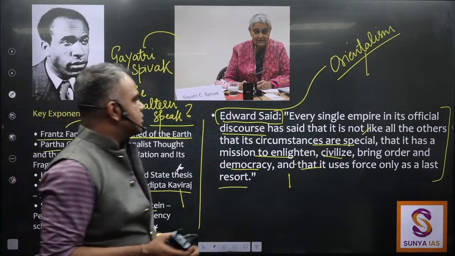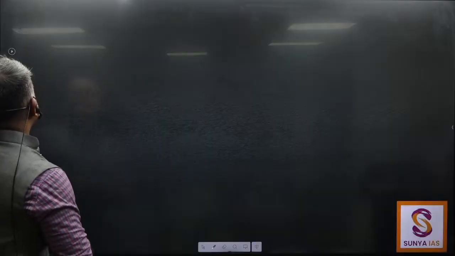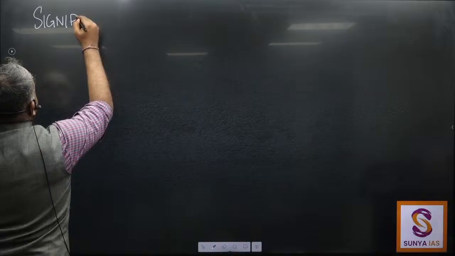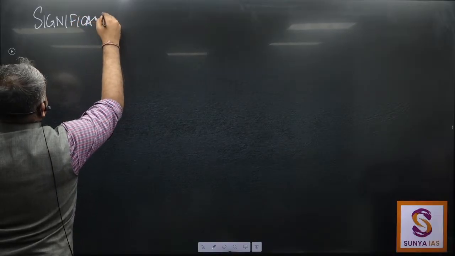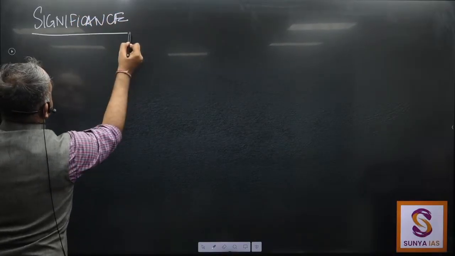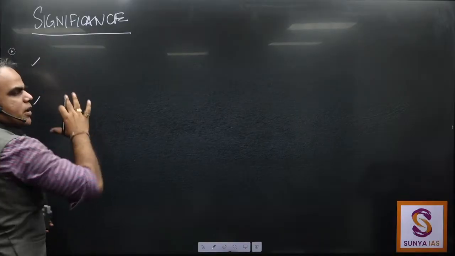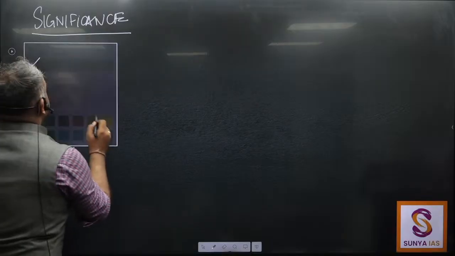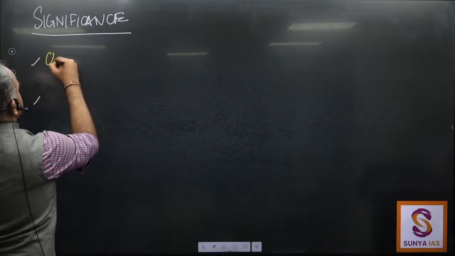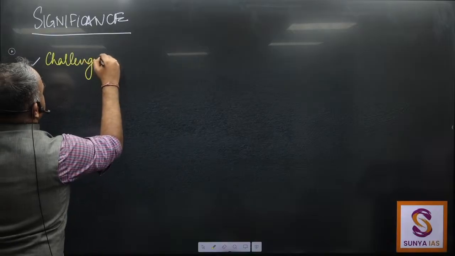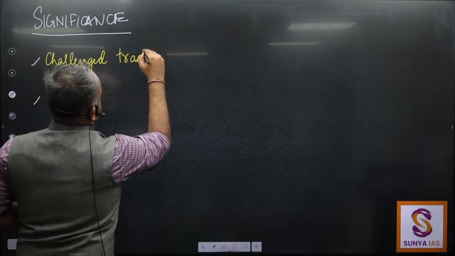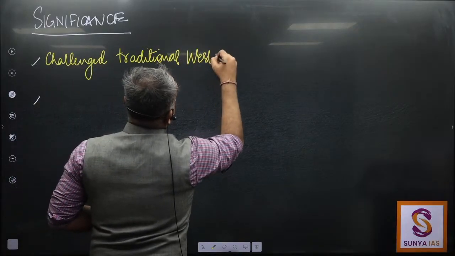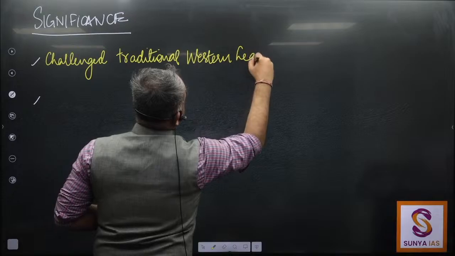Okay, then write down the last two headings separately. One is the significance of this theory, and we'll also see the criticism. Significance, I'm just telling a couple of points. Some you already know, a couple you can add. So under significance, it challenged the traditional Western hegemony.